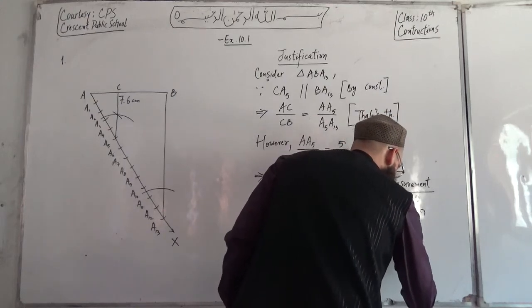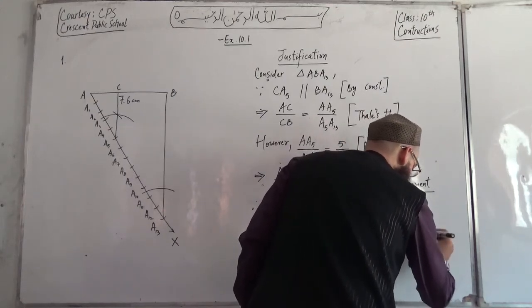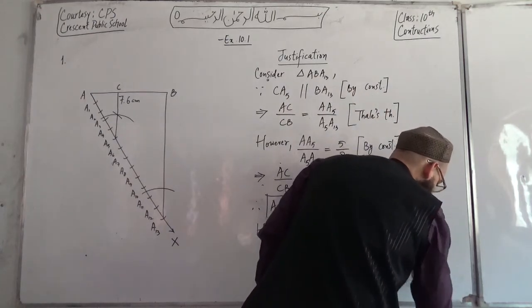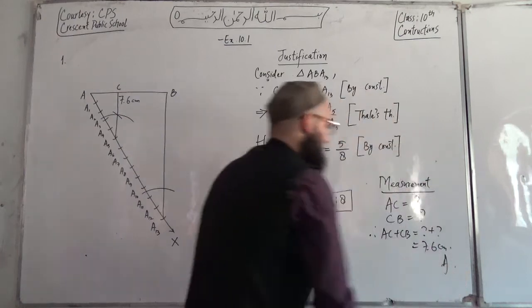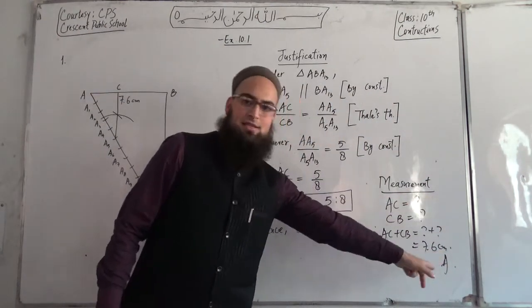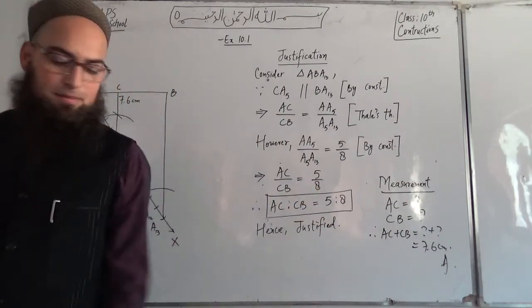Therefore, AC plus CB is equal to that plus that. What you will get here and here will give you 7.6 centimeter, the exact sum of this and this. Make a note.